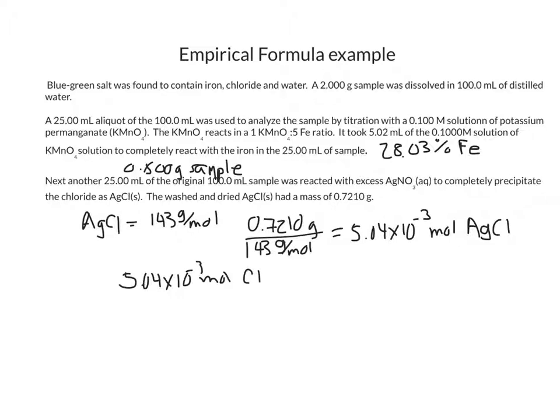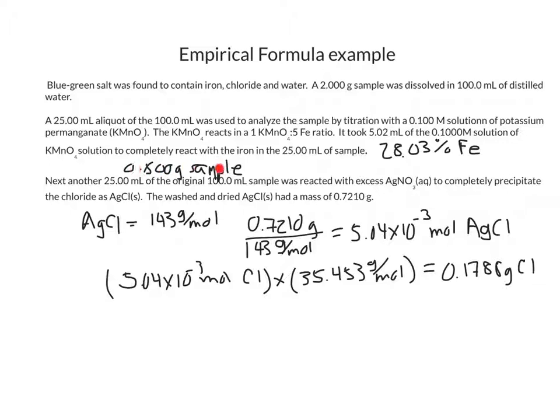And so again, I want to get to percent by mass, so I need to multiply this by the molar mass of chlorine, 35.453 grams per mole of chlorine, to find the mass of chlorine, just chlorine, in my sample. And that turns out to be 0.1788 grams of chlorine. And that was contained, remember, in my 0.5 grams of sample.